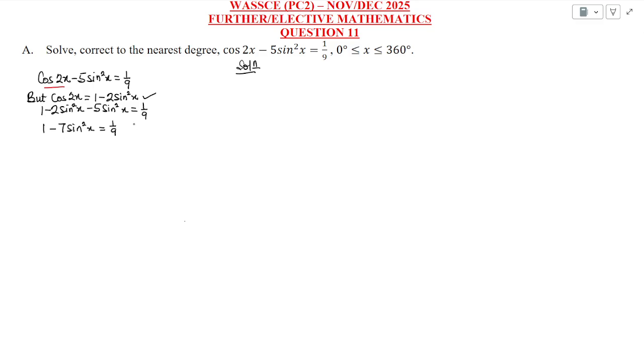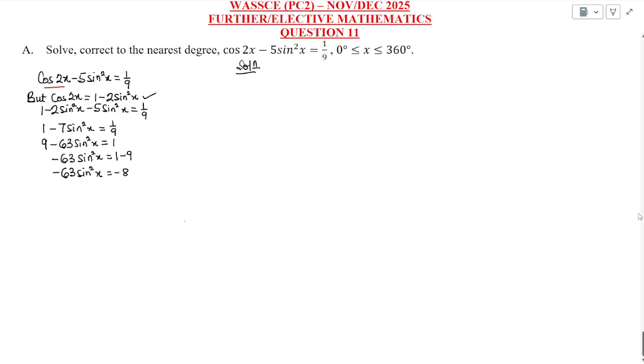Let's multiply through with the LCM 9. This gives me 9 minus 63 sine squared x equals 1. Grouping like terms, I have negative 63 sine squared x equals 1 minus 9, which gives negative 8.